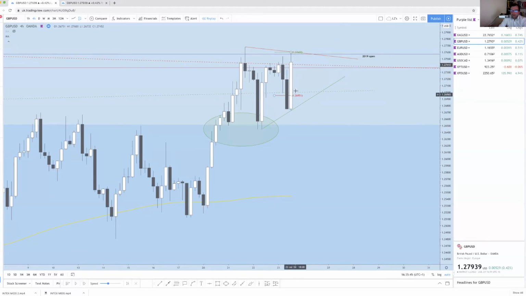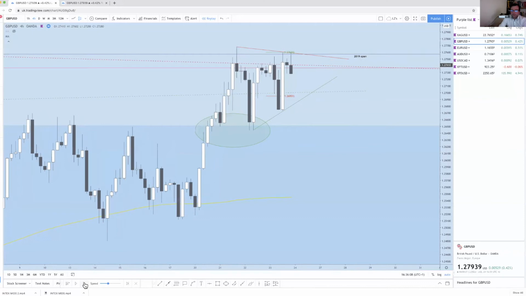And I thought that if this now changed into a continuation pattern and came down to test this area here, it would probably take a bit of time and my stop might just be okay anyway. I reckoned that we'd have enough chance to maybe reduce position and lower the stop, because ideally you obviously want the stop to be underneath this area here. Anyway, we have been triggered, and this looks nice here.